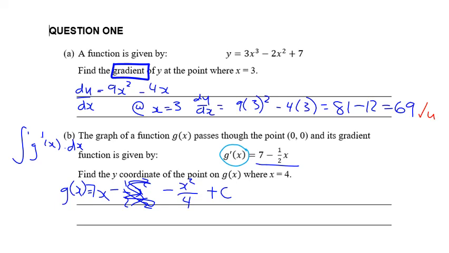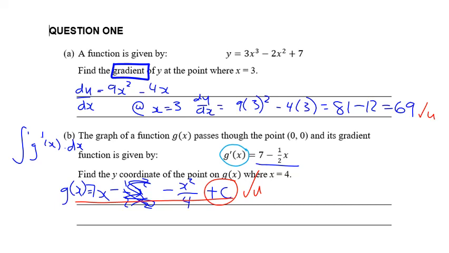If I had written down plus c, and I've got all that part there correct, that would be an achieved thing. If you didn't write the plus c and just wrote down 7x minus x squared over 4, that's not anti-differentiating it properly. You needed to do that plus c part to get your achieved. So some people missed out because of that.